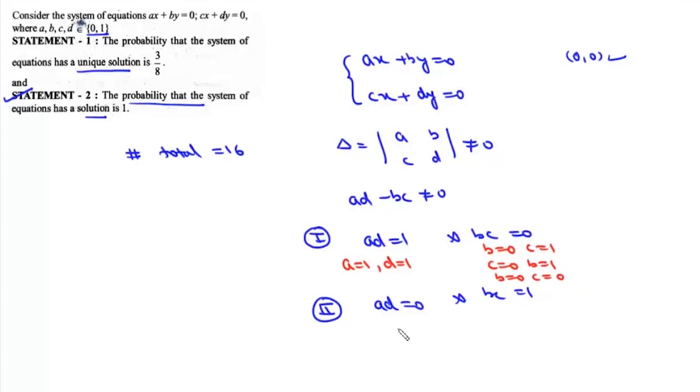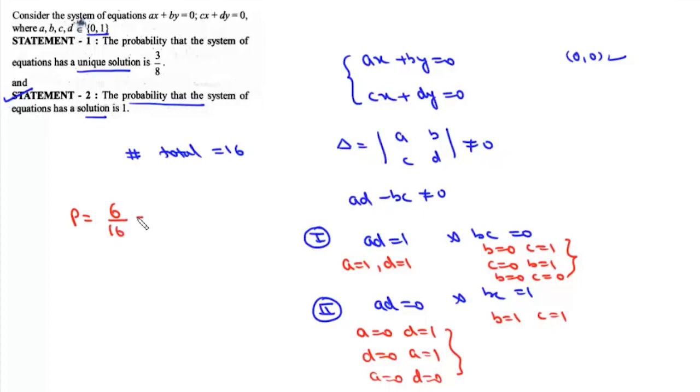Now here we have B into C as 1, so B should be 1 and C should be 1, and here we'll have either A0 D1, D0 A1, or both of them 0. So altogether we have 6 cases when the value of this determinant is non-zero. So the required probability will be 6 by 16, which is 3 by 8. That means statement 1 is correct.